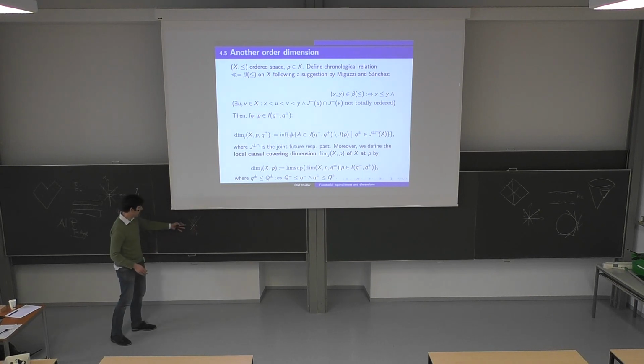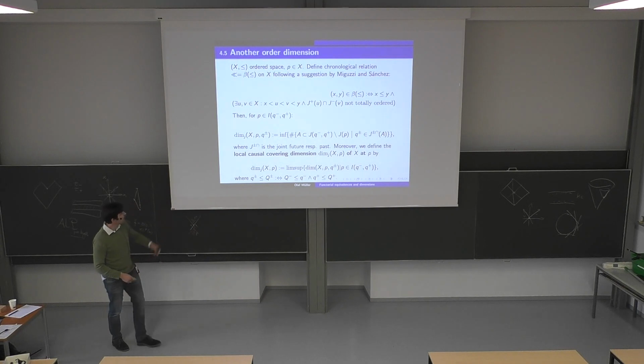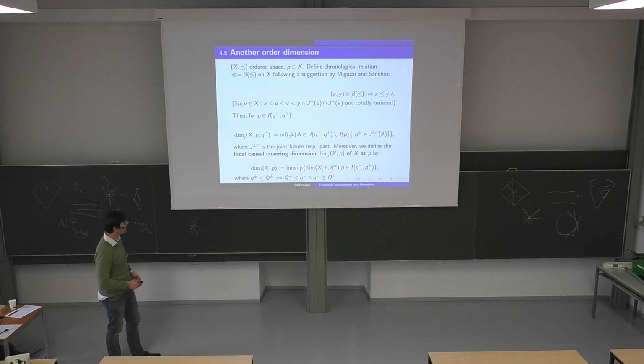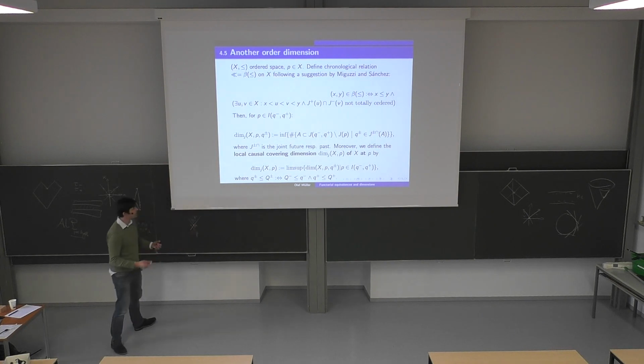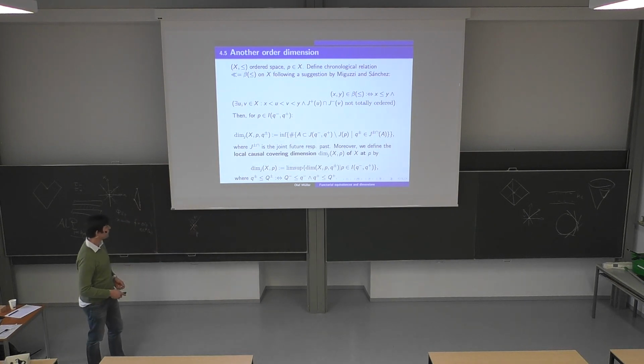Okay, so this works in higher dimensions as well, just as a definition for general ordered spaces. If you then take the lim sup with respect to all diamonds containing this P, with Q plus and Q minus, and this is P, then you get some notion of dimension.